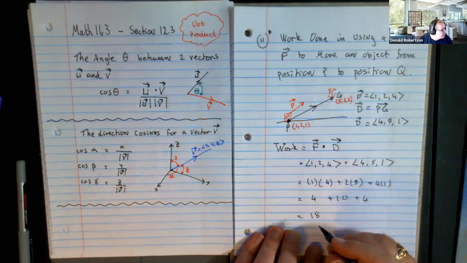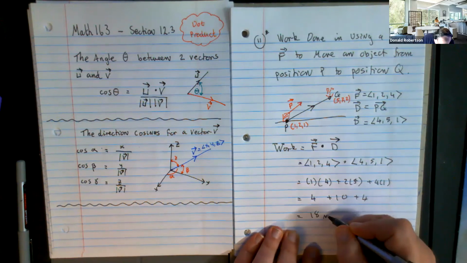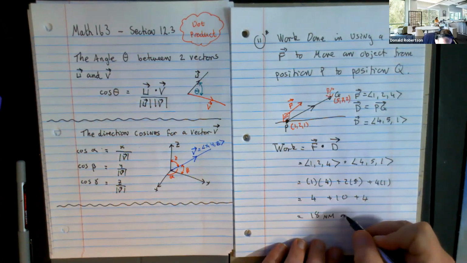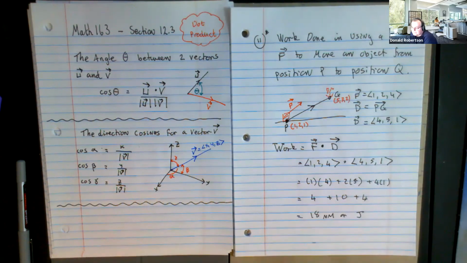And they tell me somewhere if I look for it, the units are Newton meters. Okay, or joules, for those who use joules. So it's relatively simple, isn't it, to find the work done?